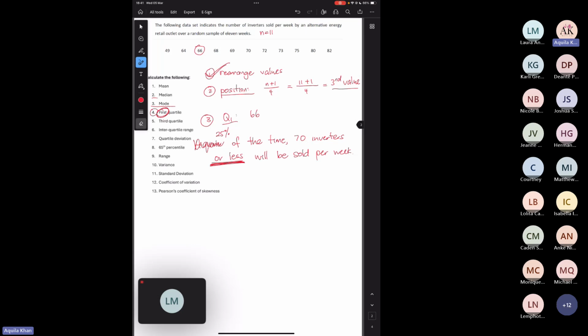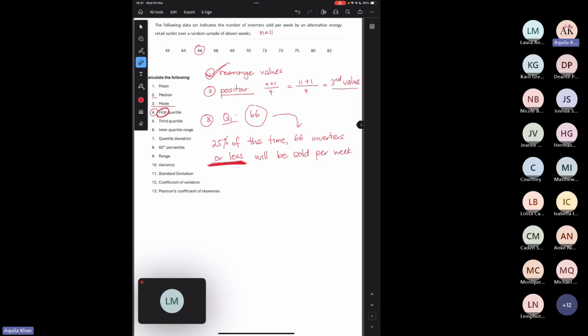And here we need to put in the value that you had calculated. So let me take out a quarter and just leave 25% there. So 25% of the time, 66 inverters or less will be sold per week.